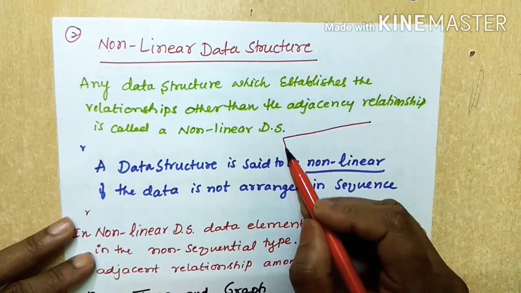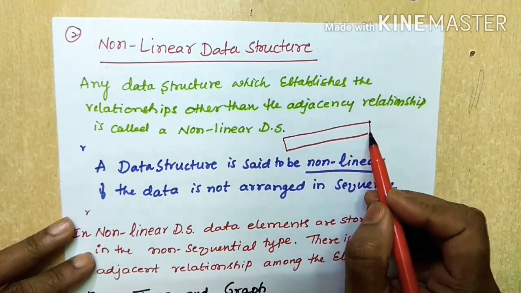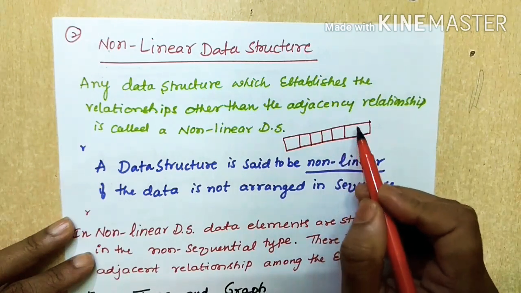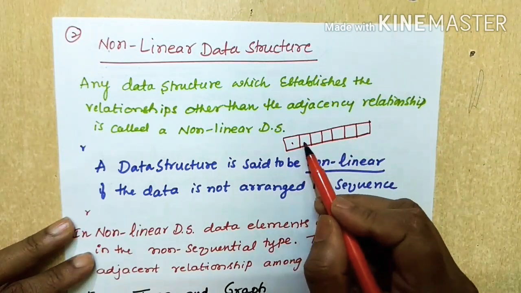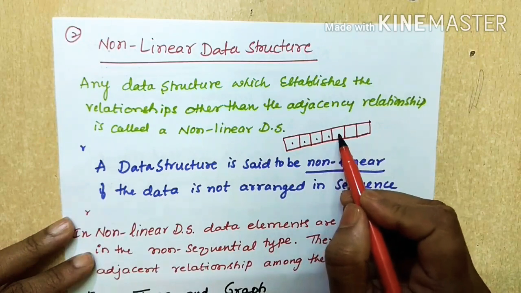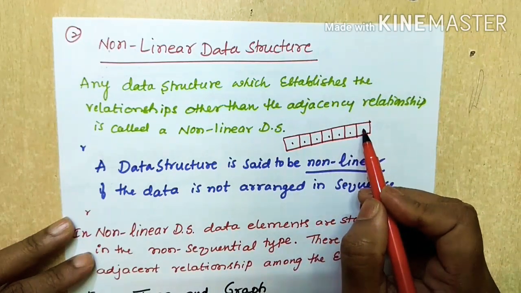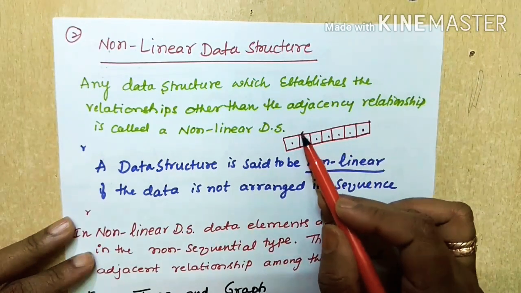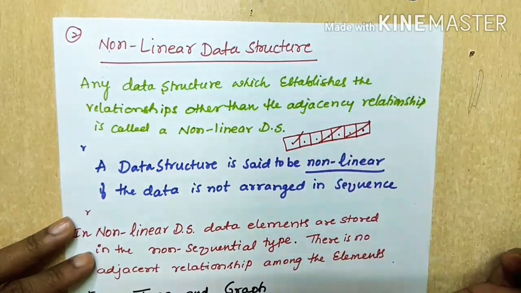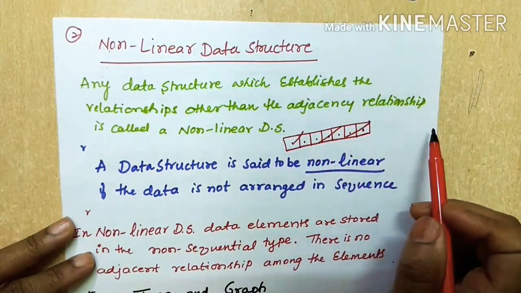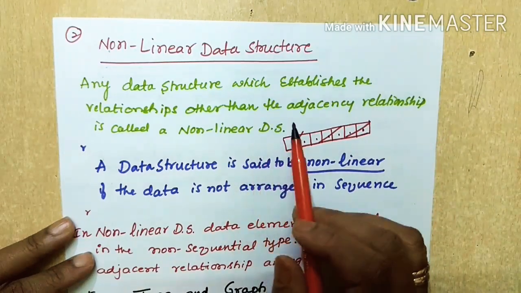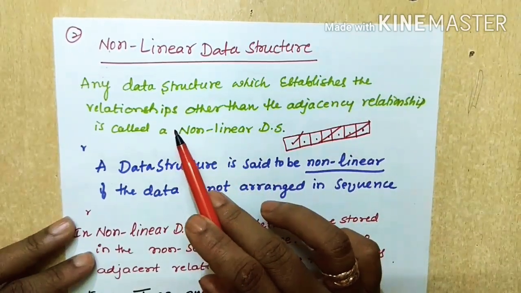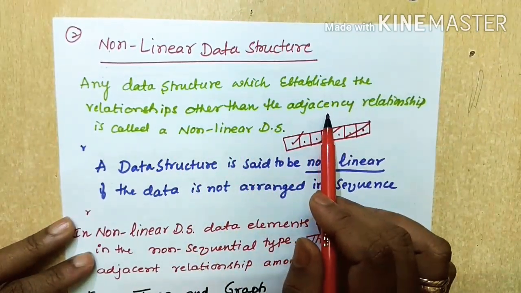In a linear data structure, the elements are arranged one after another, but in a non-linear data structure, the elements are not arranged continuously or sequentially, and it doesn't establish the adjacency relationship.